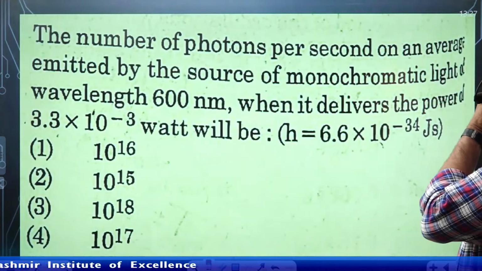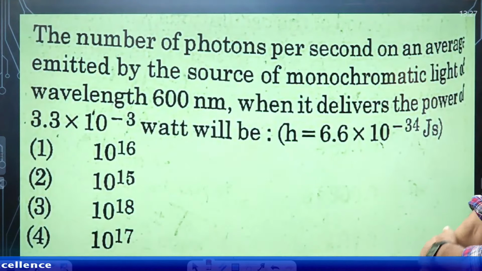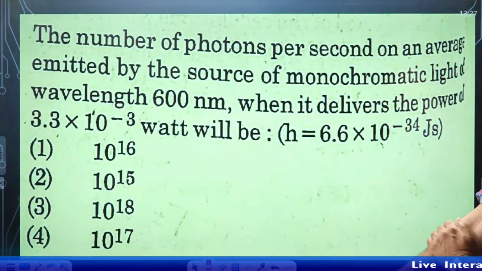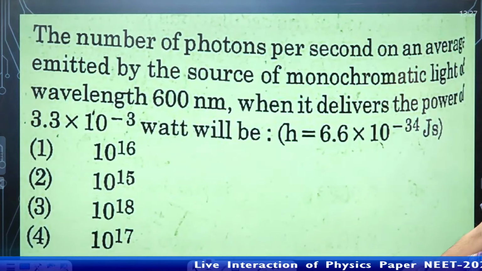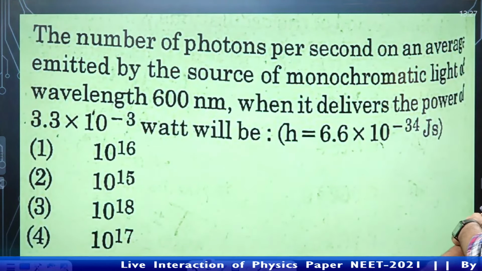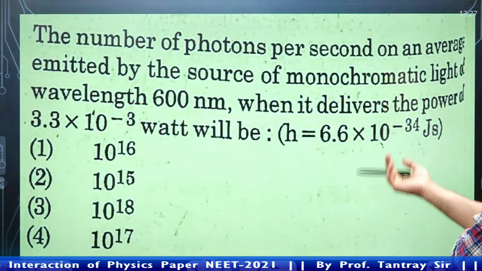This is the question. The number of photons per second on an average emitted by the source of monochromatic light, wavelength 600 nanometers, when it delivers a power of 3.3 into 10 to the power minus 3 watt, will be, h is given to be this.